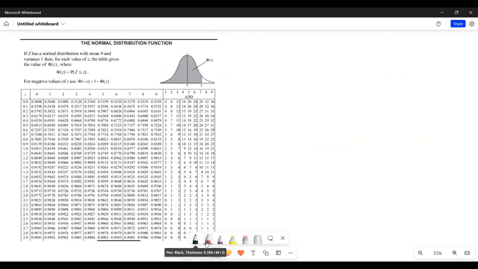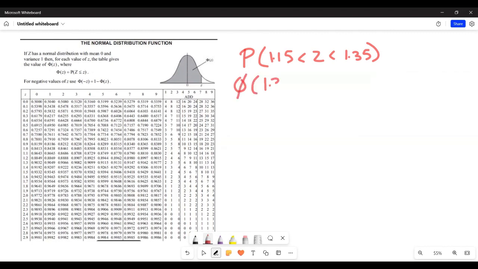So we're finding probability z is between 1.15 and 1.35. Okay, so we're going to use the rule that in this case, probability is equal to phi 1.35 minus phi 1.15. Now let's see what 1.35 is.